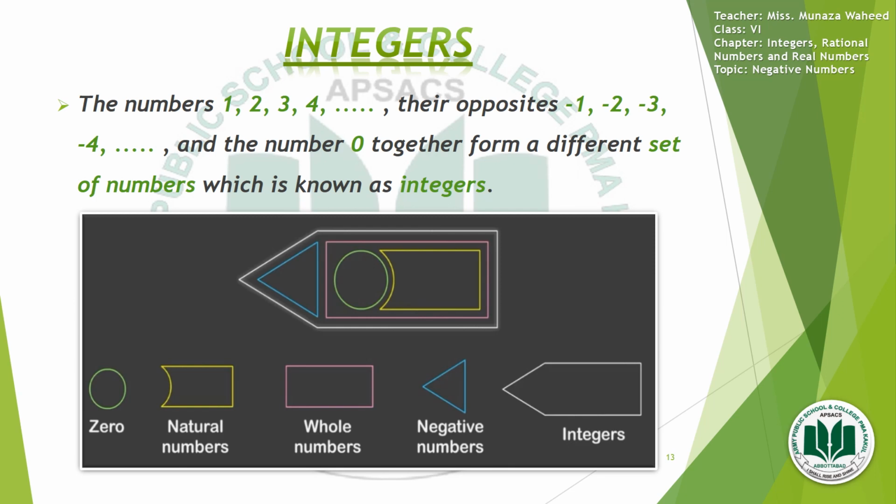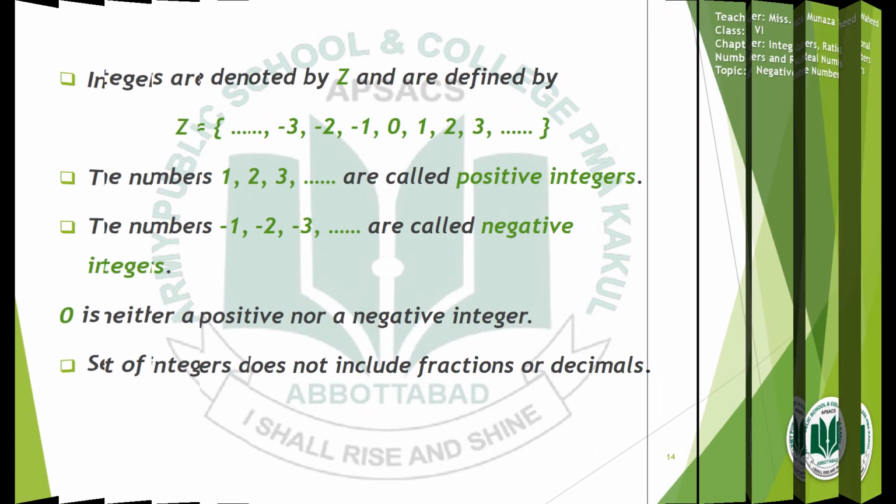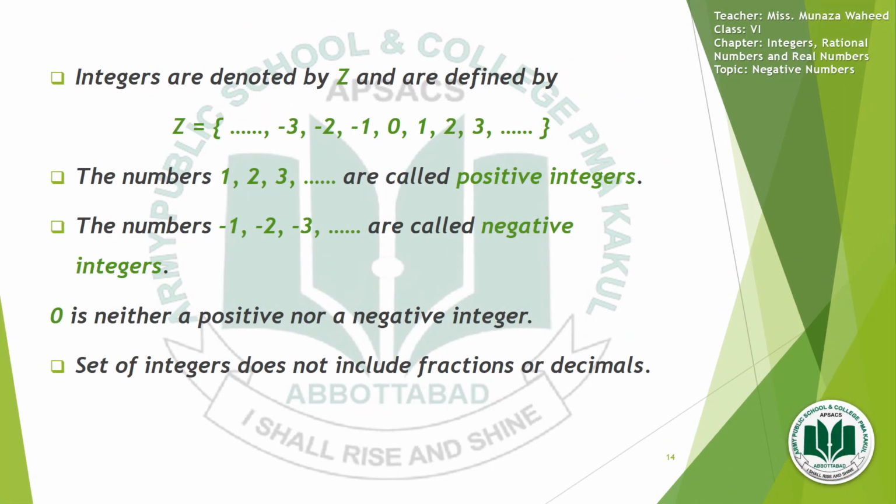The triangle represents negative numbers. And the last shape represents the integers. Integers are denoted by Z and are defined by the following set.